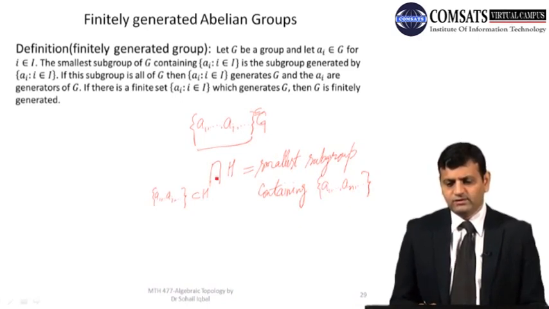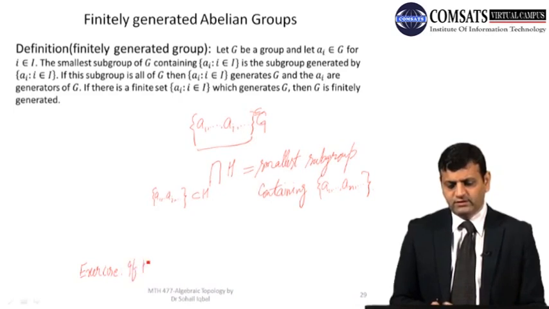Okay, so we are taking the intersection of subgroups and the result is also a subgroup. This is a very simple result that I'm leaving as an exercise. So what is the result that you need to show?